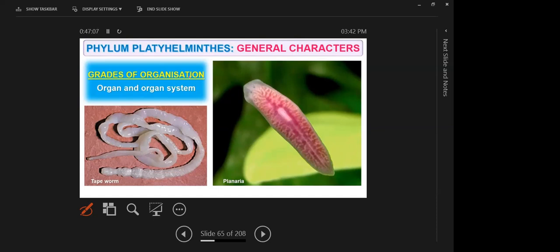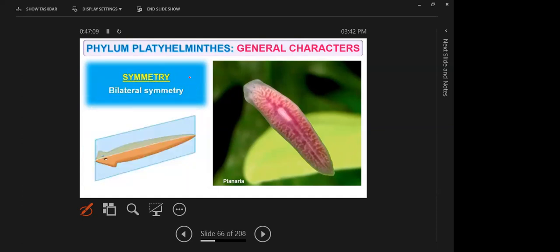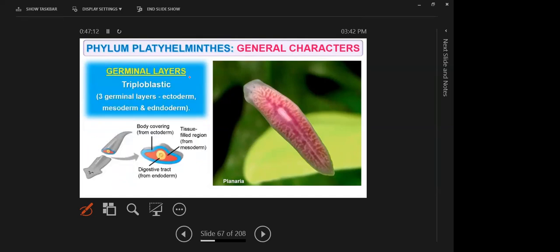So can you see that they are totally flat? Okay, bilaterally symmetrical and triploblastic, has all the germinal layers. You can see the germinal layers shown in the picture there. So triploblastic: ectoderm, endoderm, and middle mesoderm.